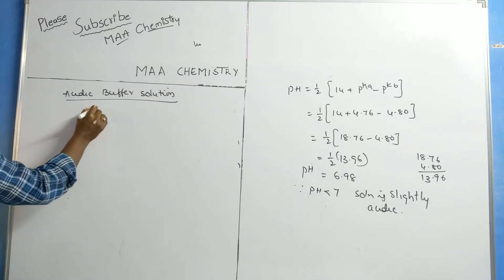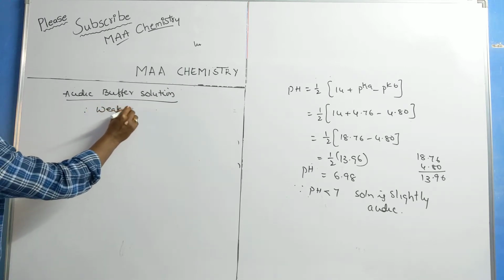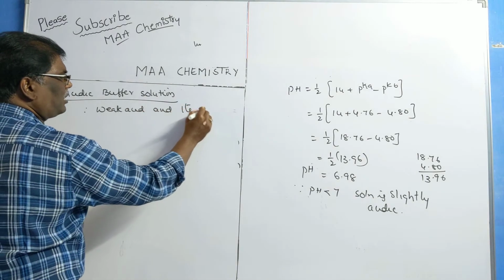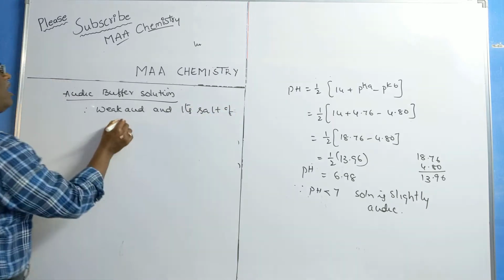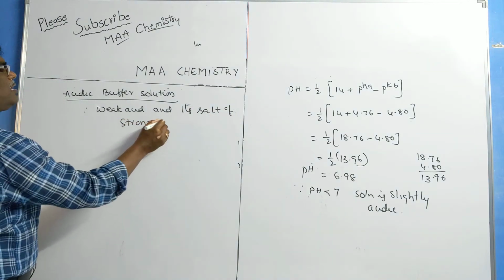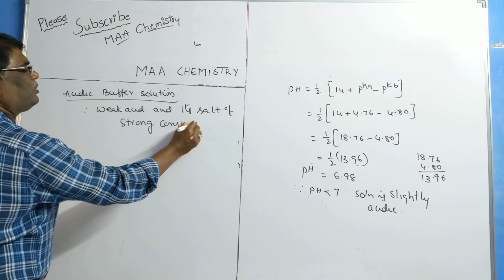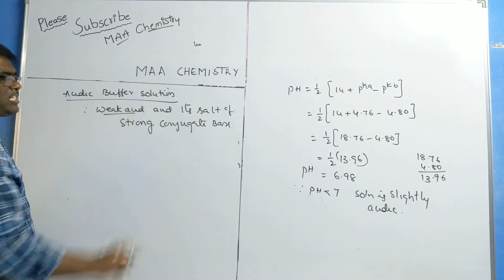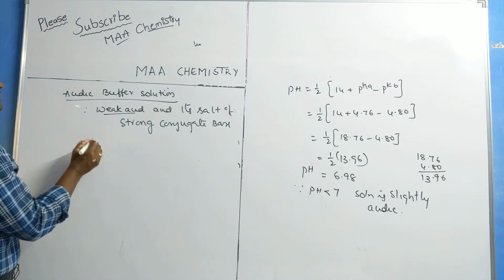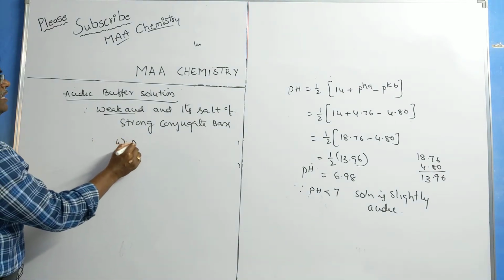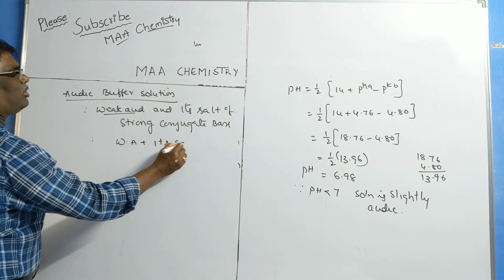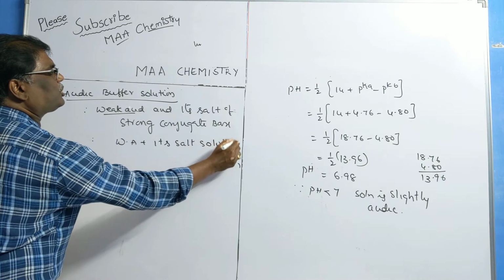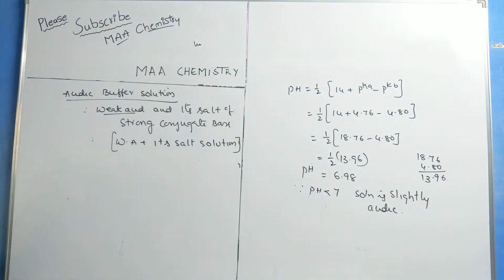This is a mixture of a weak acid and its salt of strong conjugate base. Don't get confused about the strong conjugate base; generally, a weak acid has a strong conjugate base. Or I say simply, a weak acid and its salt solution. In simple words, the weak acid and its salt solution is taken as the acidic buffer solution.